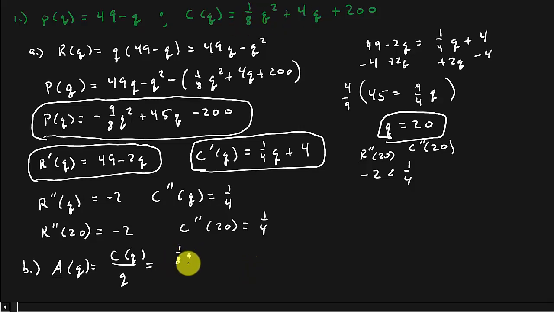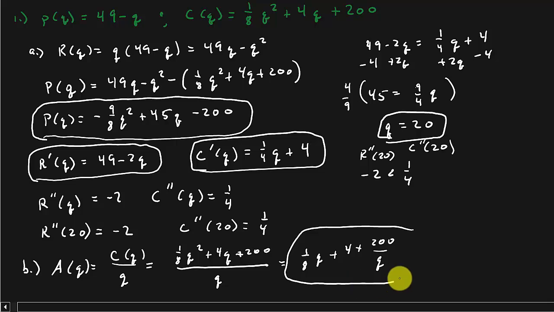So that's 1/8 Q squared plus 4Q plus 200 over Q. So that would be 1/8 Q plus 4 plus 200 over Q. So there's your average cost.